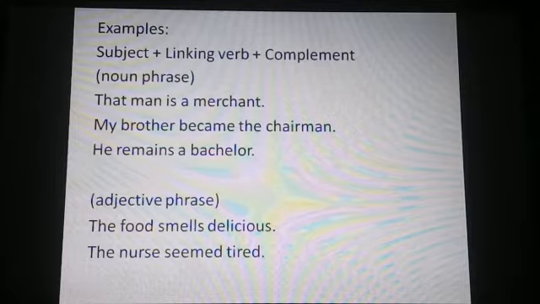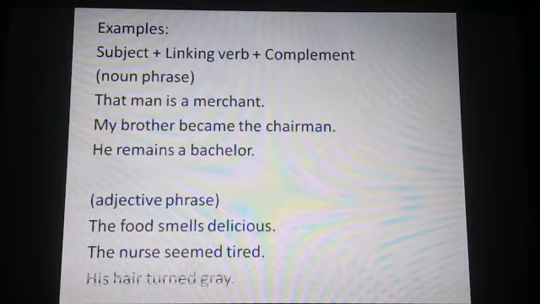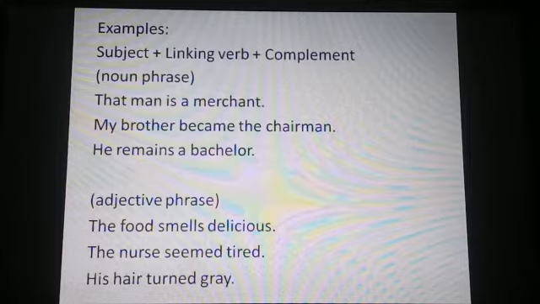The nurse is the subject, seemed is the linking verb, tired is the complement, and it is an adjective phrase. His hair turned grey. His hair is the subject, turned is the linking verb, grey is the complement, and it is an adjective phrase.